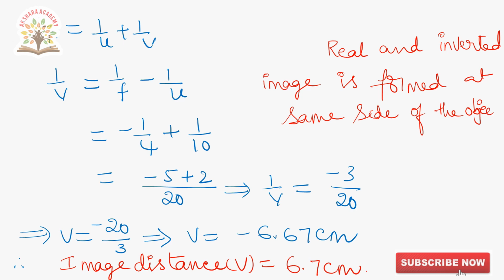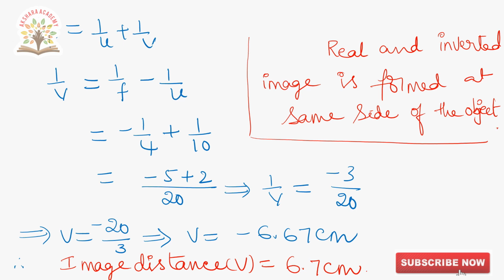This is about this problem. Now the image distance we calculated as 6.67 centimeters. The characteristics of the image: the image is real and inverted, and it is formed on the same side of the object.